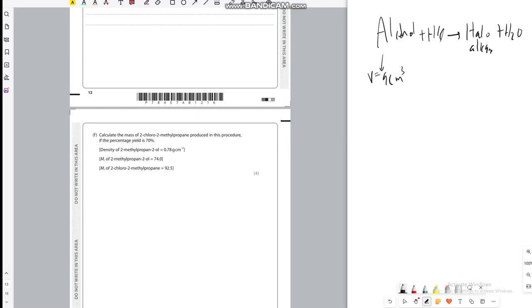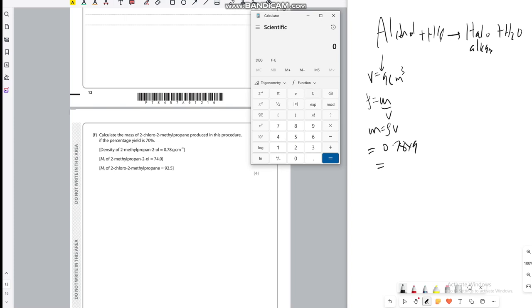If the density is given, density equals mass over volume, so mass is equal to density into volume. So substituting, I can substitute 0.78 into 9, which will give the mass in grams. So 0.78 into 9 is 7.02 grams.